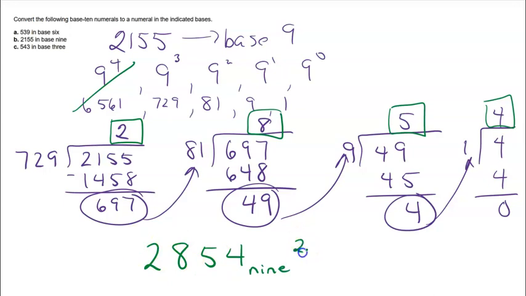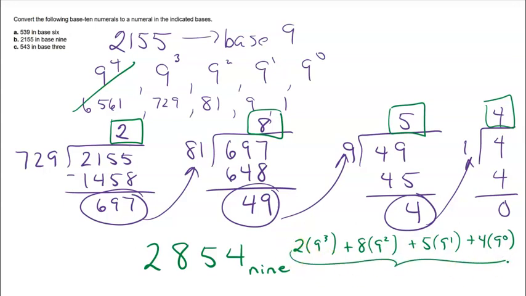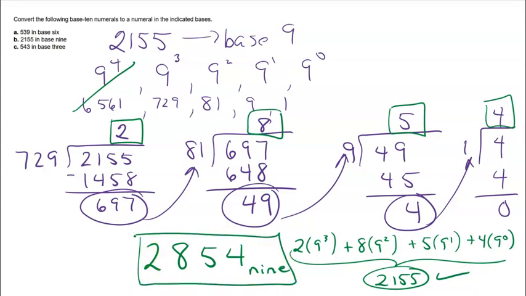So I'm going to say 2 times 9 to the third plus 8 times 9 to the second plus 5 times 9 to the first, finally plus 4 times 9 to the 0, which really is just 1. Type all that in my calculator, and I absolutely should get 2,155. Now remember, that is base 10, so we know it checks out. But the answer is right here.